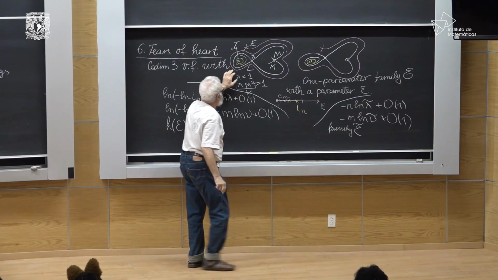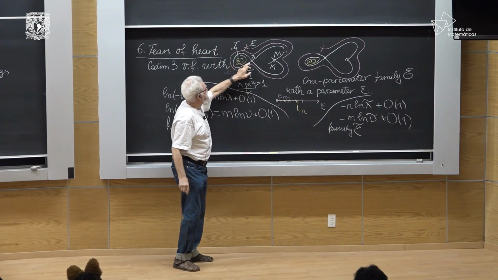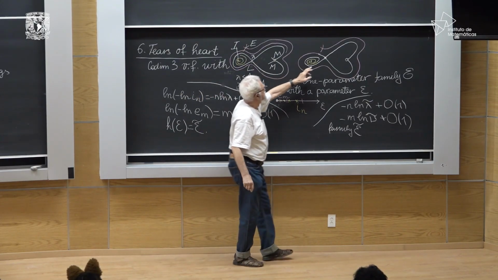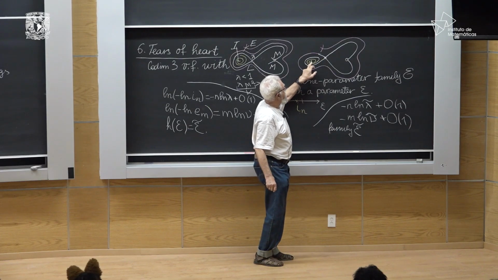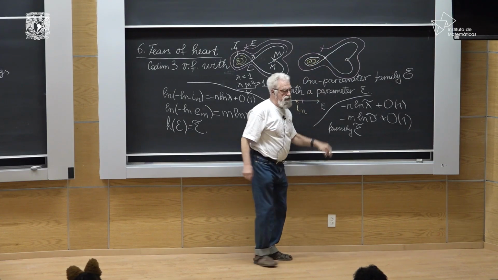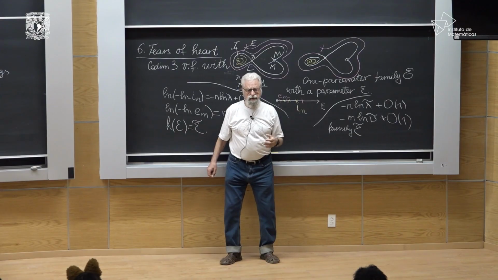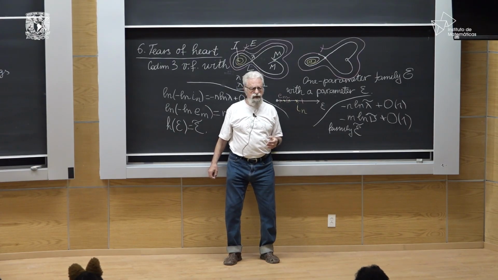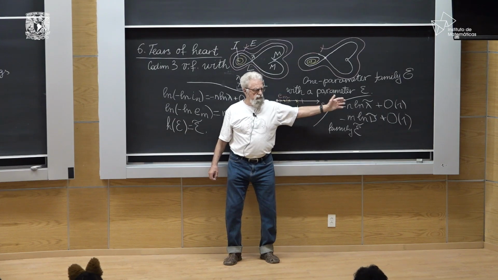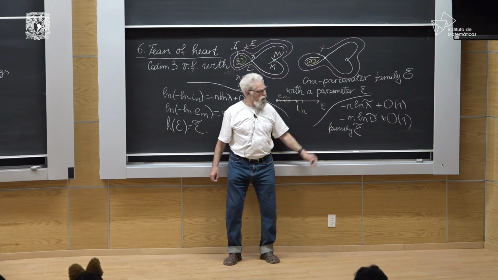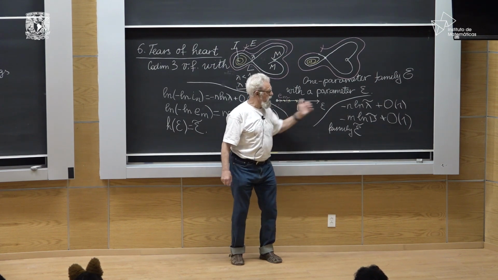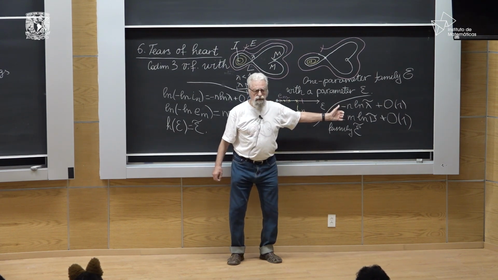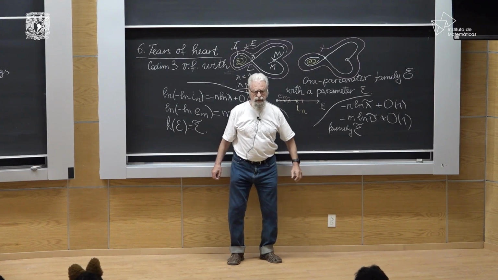So if one vector field has a saddle connection between the saddle L and the saddle I, then the vector field in the other family should have the saddle connection between the similar saddles L tilde and I tilde, and therefore yellow points on one axis should come to yellow points on another axis.